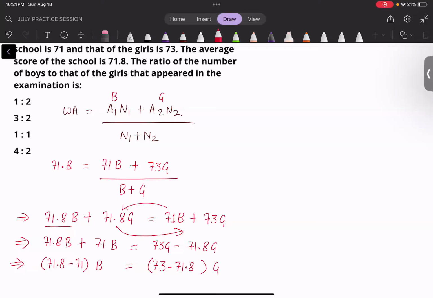Until now, anything doubtful? Just a minute. Anything wrong? Minus 71B. Okay, sorry.